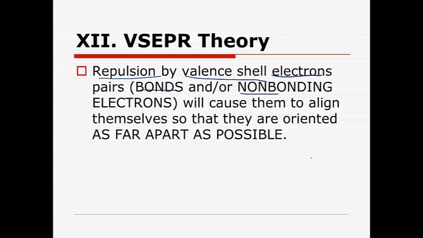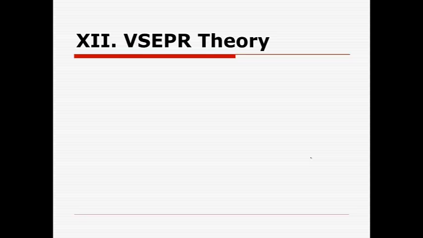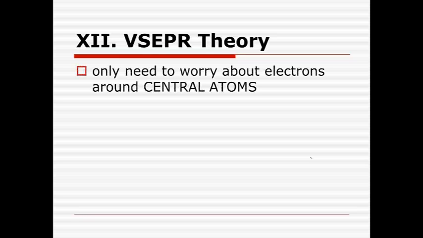Think of it basically like a bunch of little kids in a house. They don't like each other, so they go to different parts of the house. You want to be as far apart as possible. Now, we only need to worry about the electrons around the central atom, so you need to know the Lewis dot structure and what the bonding looks like around the central atom.